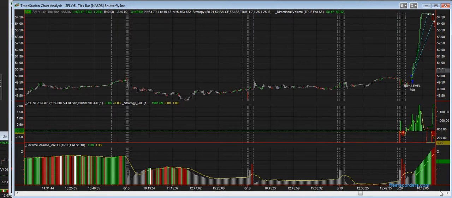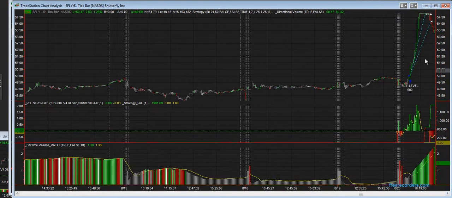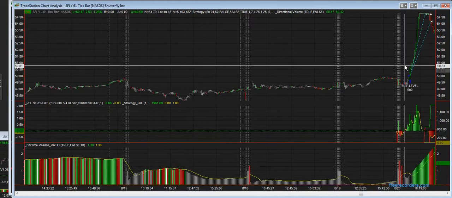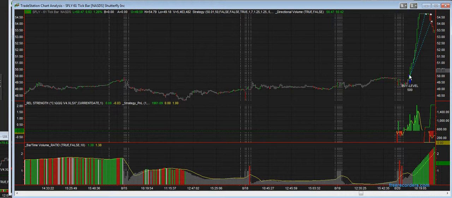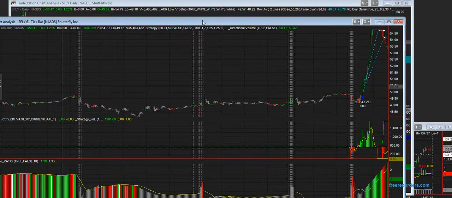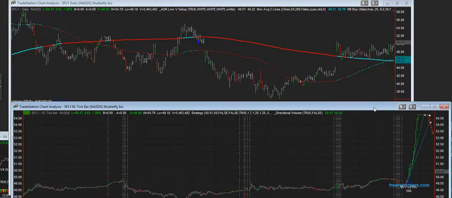Then I also have a Fibonacci 2.618 that calculates. Once the trade is taken out, it will calculate a Fibonacci level, basically between the high and the low of the daily.